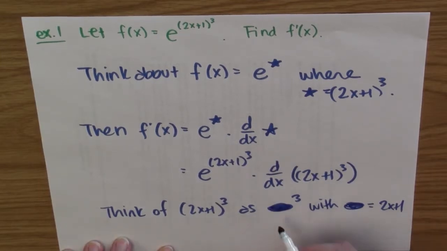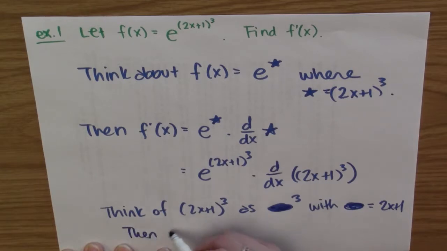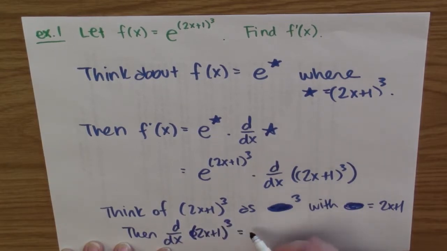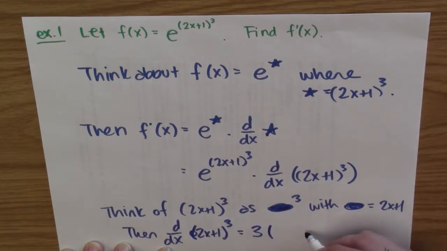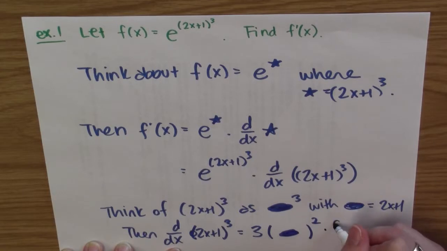Well, the derivative of (2x plus 1) to the third power is 3 times the blob to the second power times the derivative of the inside thing, the blob.